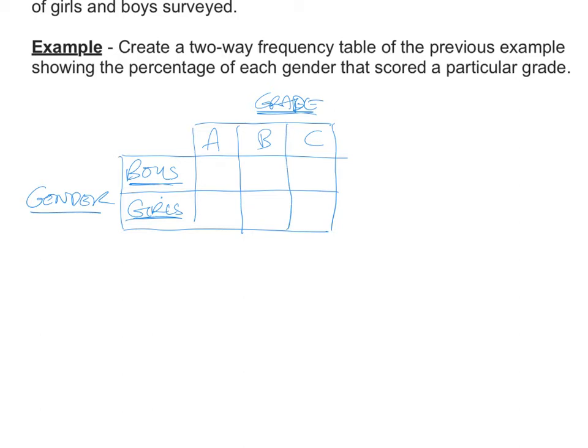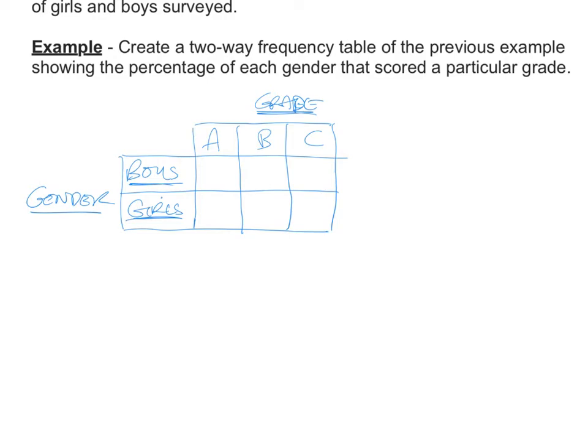So here we are going to do some extra little calculations to work out the frequency. We want to know the percentage of each gender that scored a particular grade.